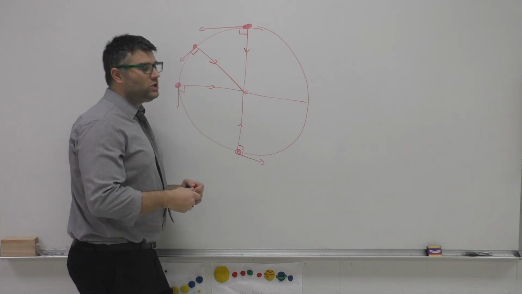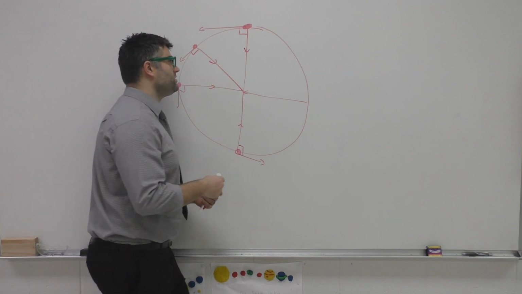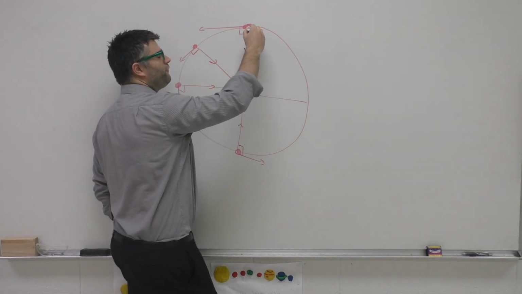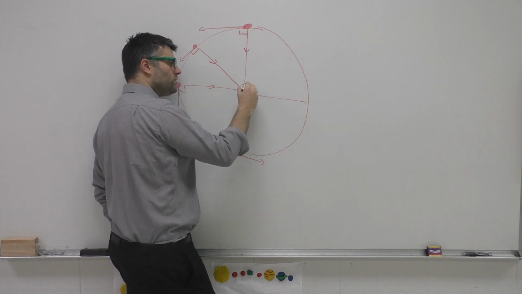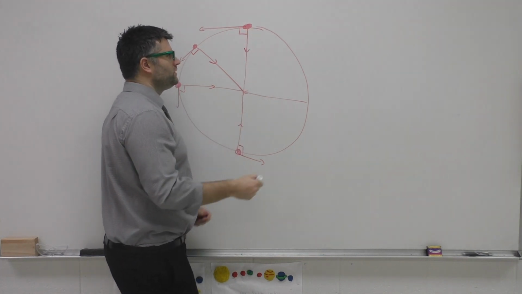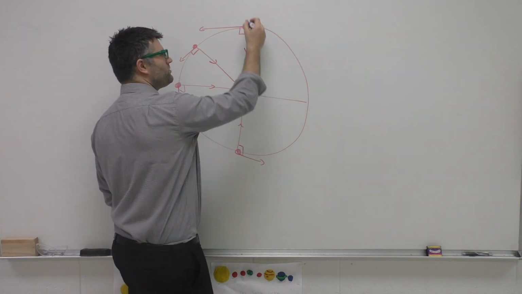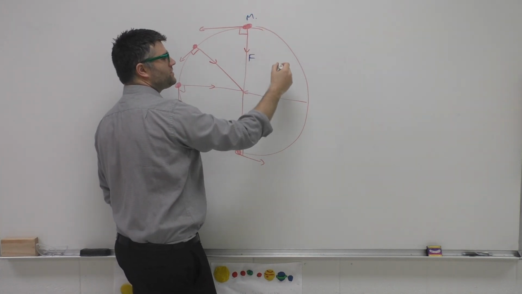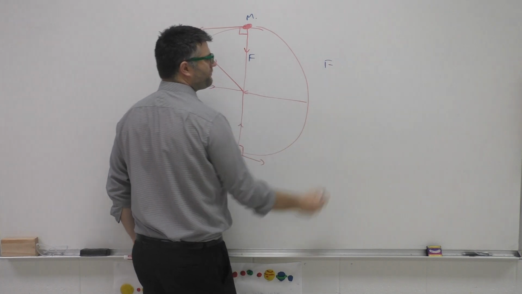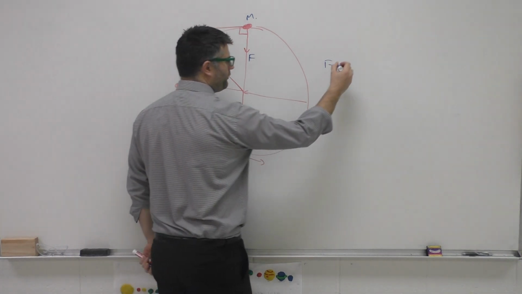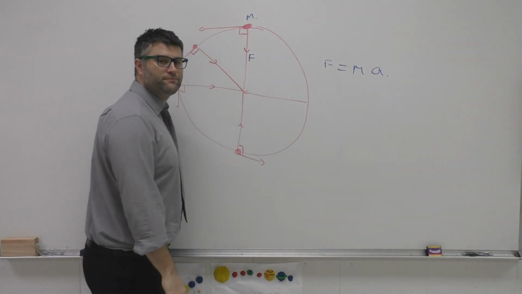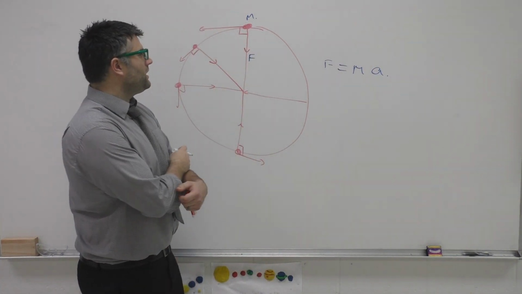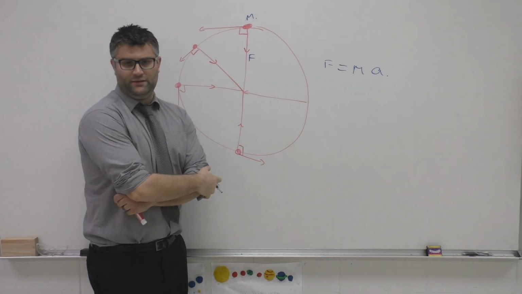Now, when we're looking at this situation, we're saying the force is pulling it that way. If we've got a force, what do we have? Well, we most certainly have a mass, so what other thing is missing from a force and mass equation? Hopefully you'll recognize it straight away. Acceleration. Now, is this accelerating?